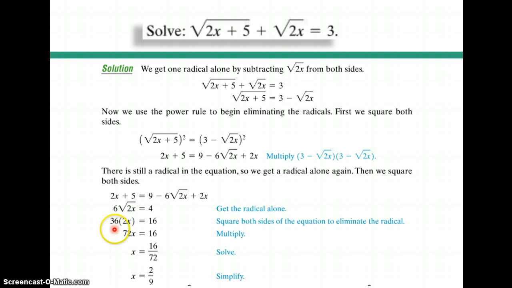Now 36 times 2x, which is equal to 72x equal to 16. So divide 72 to both sides of the equation. We have x equal to 16 over 72. By simplifying, we have x equal to 2 over 9.